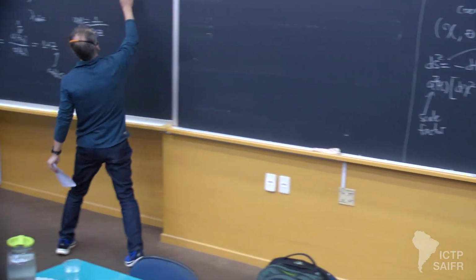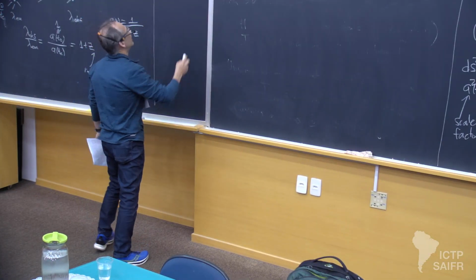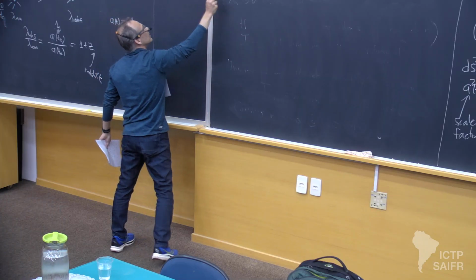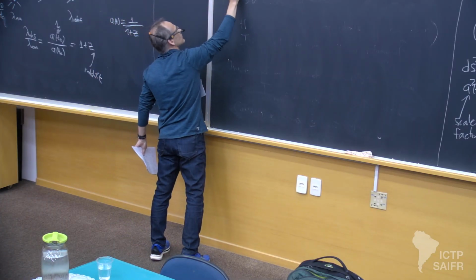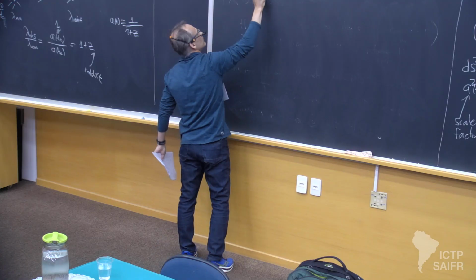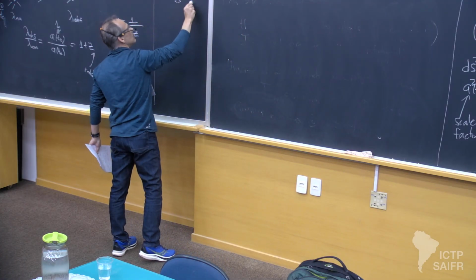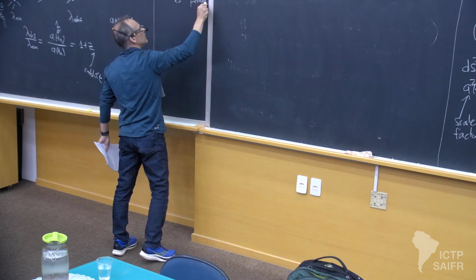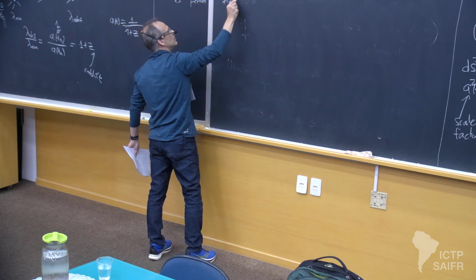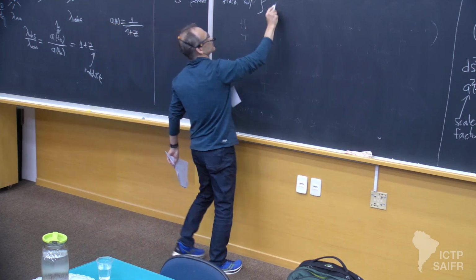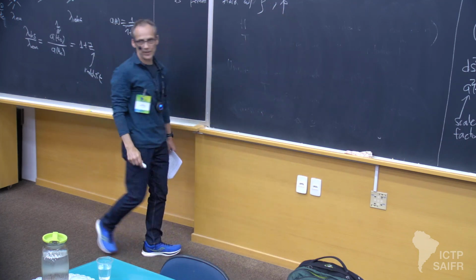So now we're going to get a bit more specific. We describe the smooth universe as a perfect fluid with some density, which I'm going to call rho, and some pressure, which I'm going to call P.